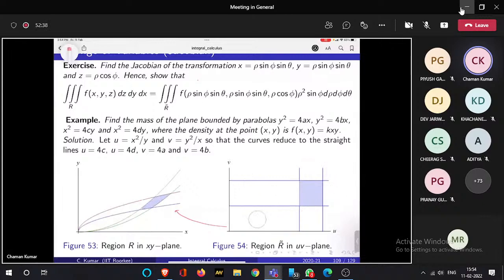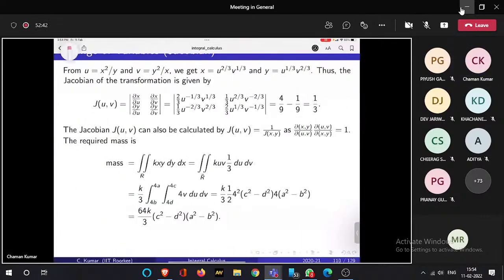So if I use this formula of the Jacobian that we have just seen, we can find the Jacobian of this transformation. So basically this is ∂(x,y)/∂(u,v). As I said, you differentiate x with respect to the variables u and v, you get the first row; differentiate y with respect to u and v, you get the second row.